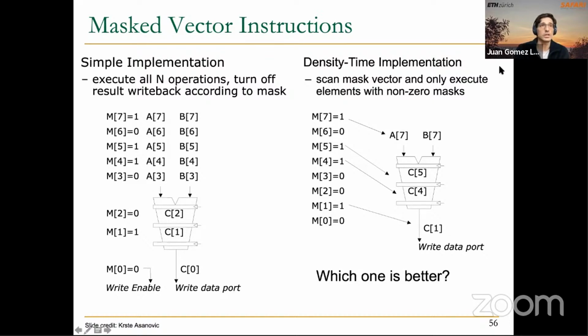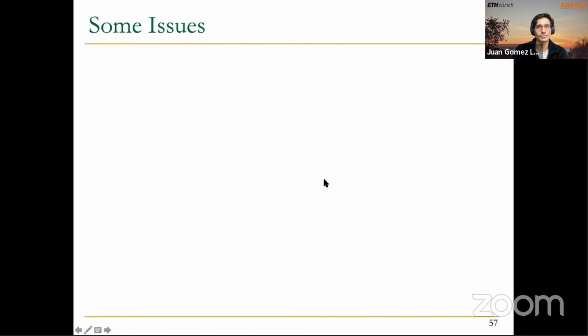Which one is better in terms of performance? We may expect that this one will be better because it's saving more cycles. In terms of complexity of the implementation, the simple one will be simpler as well. And because the hardware is going to be simpler, it might also be able to run at a faster frequency. So in the end, it's not that easy to decide which of the two options to choose.